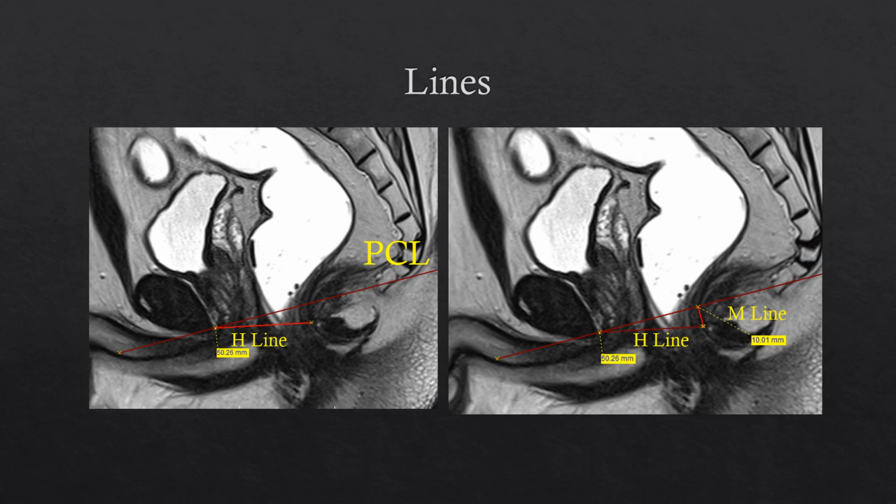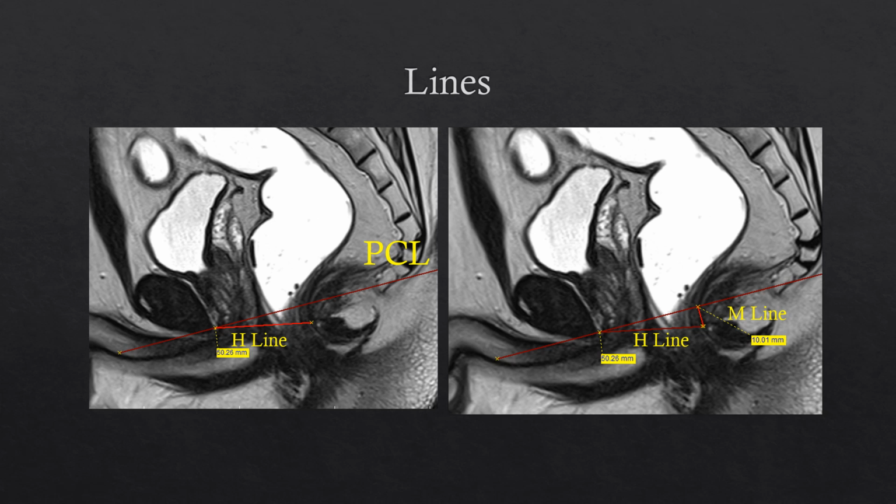Also, we need to measure what we call the H line, and this H line connects the puborectalis muscle here to the inferior aspect of the symphysis pubis. To simplify this point, this is the most important point. This one is the junction between the rectum and the anal canal.